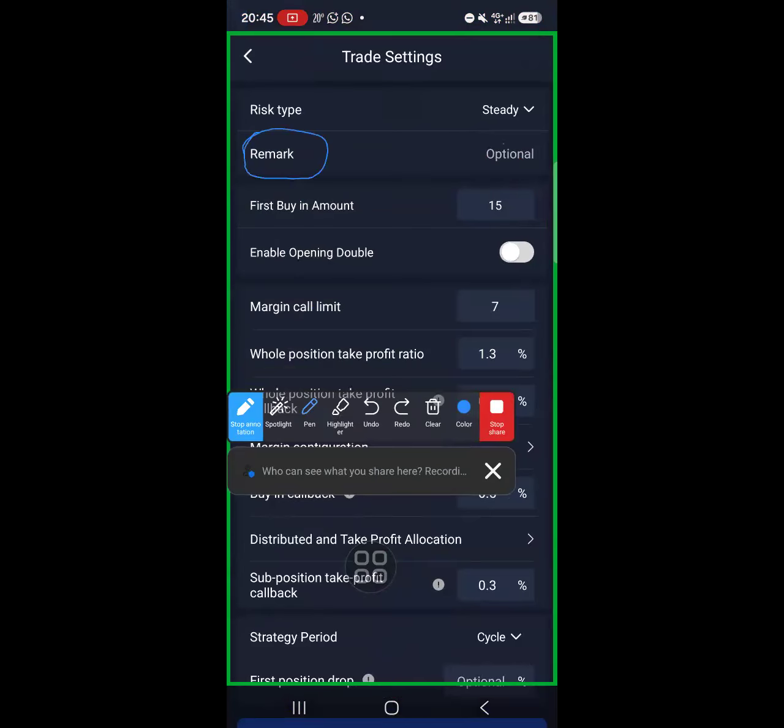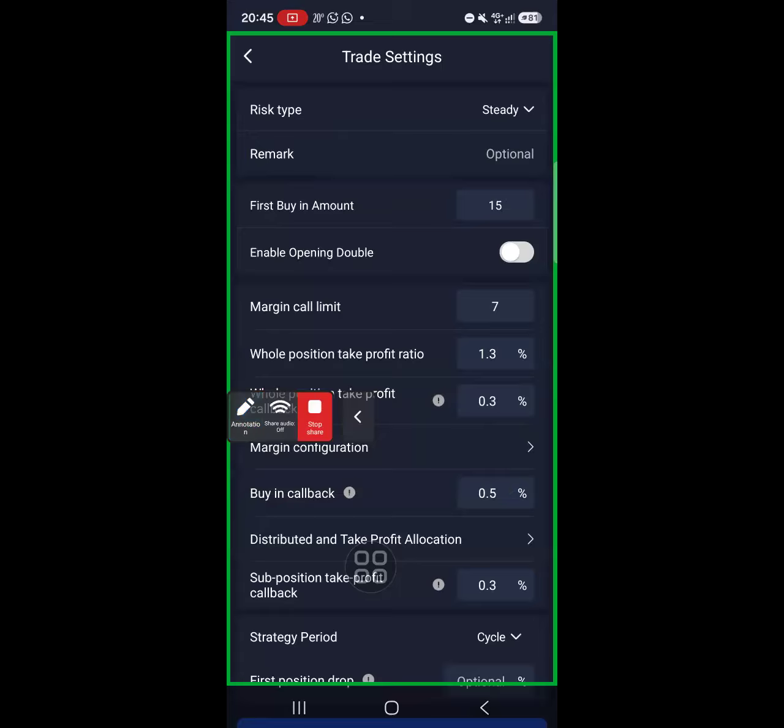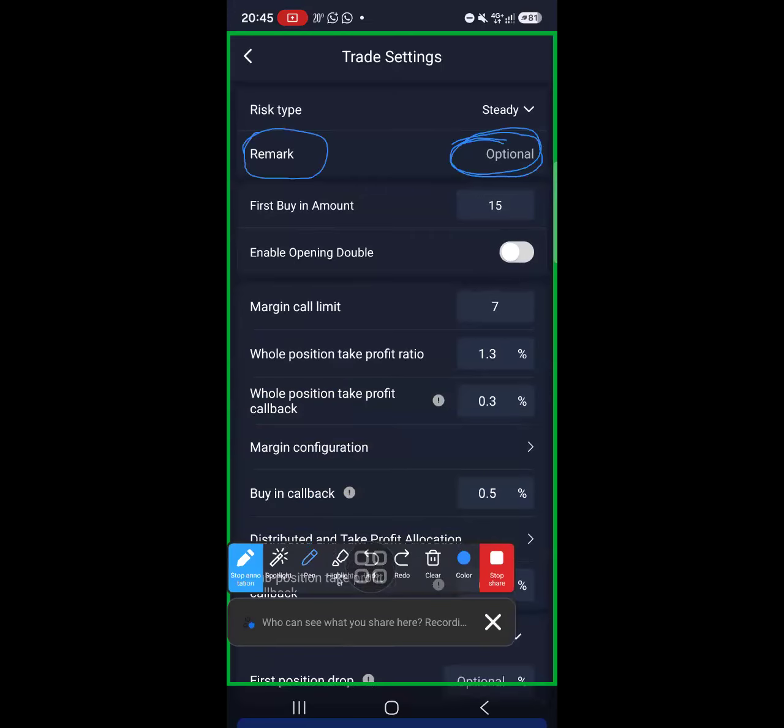It means you can give a name to the strategy. It is optional. But if you want to say this strategy is for $100, for example, you can give a name, $100 setting, $200 setting, $50 setting.